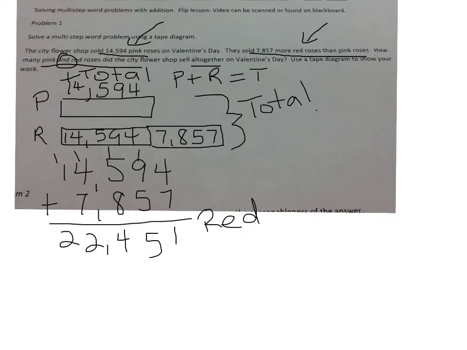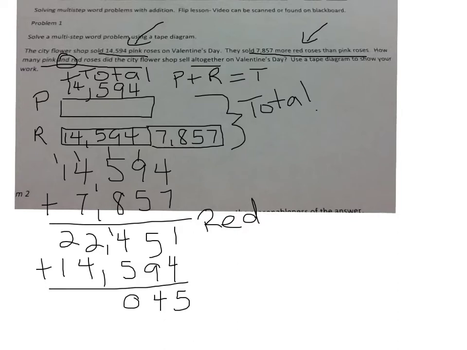Now, we need to find the pink roses and the red roses together, which means we need to add our red with our pink. So I'm just going to line up, instead of rewriting these numbers, my pink roses under my red roses and add them up right down here. So 1 plus 4 is 5. 5 plus 9 is 14. 1 plus 4 is 5, plus 5 is 10. 1 plus 2 plus 4, well 1 plus 2 is 3, 3 and 4 is 7. 1 plus 2 is 3.